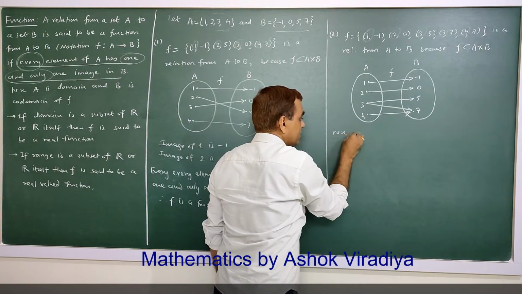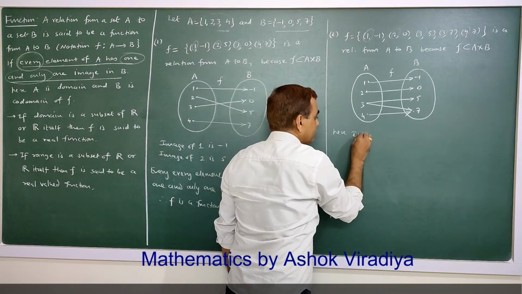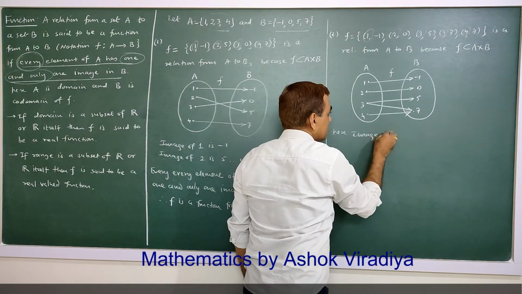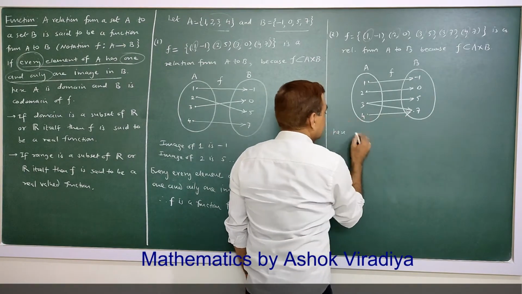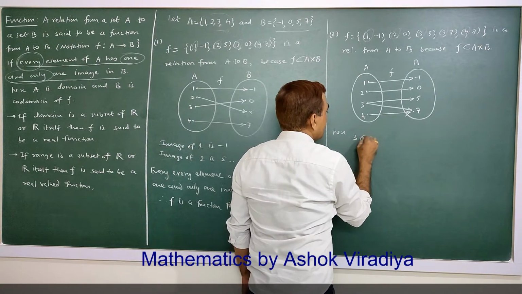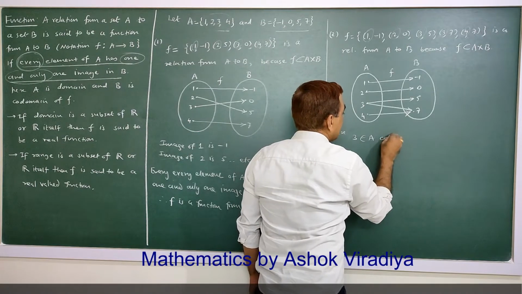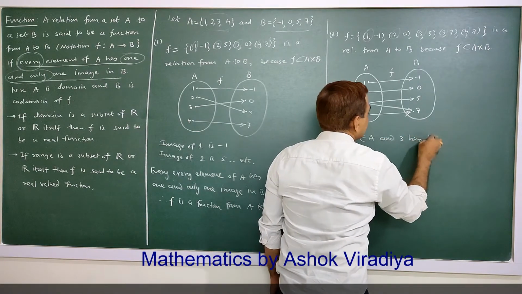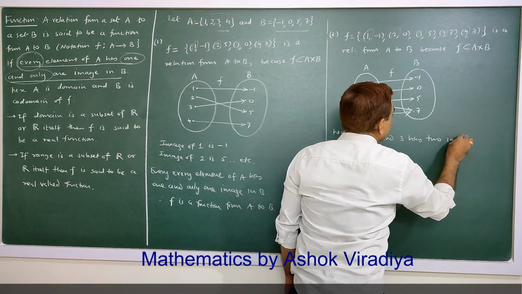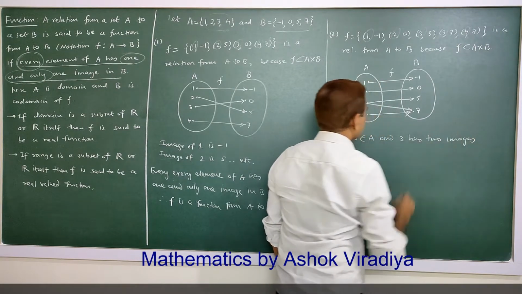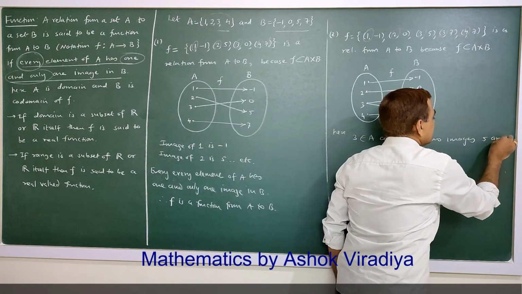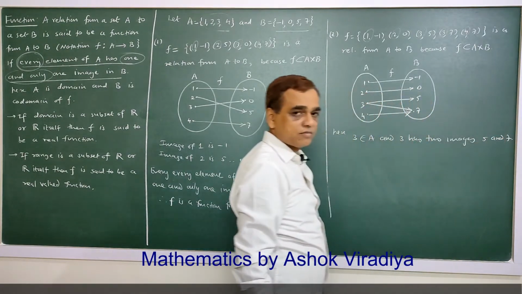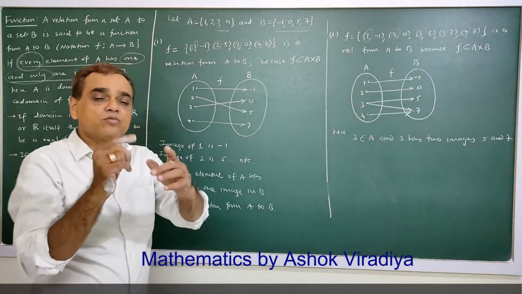Here, 3 belongs to A and 3 has 2 images, 5 and 7, which is not allowed.